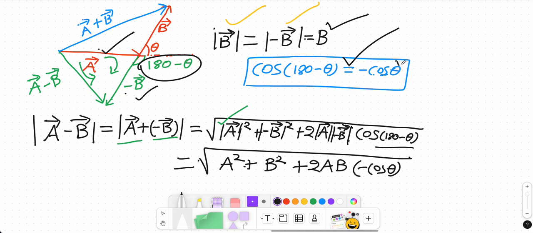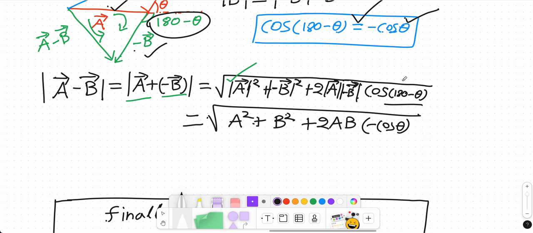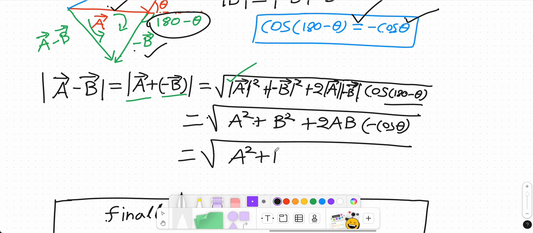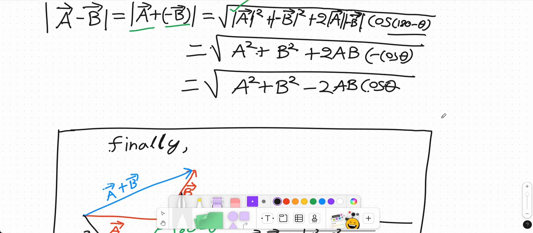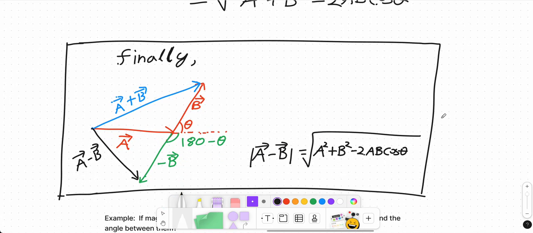If you don't know this, don't worry, after vectors I will discuss basic mathematics, and at that time it will be clear. So finally this is equal to a square plus b square minus 2ab cos theta. So we got the magnitude of a minus b is the square root of a square plus b square minus 2ab cos theta.